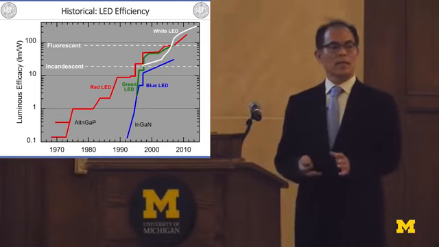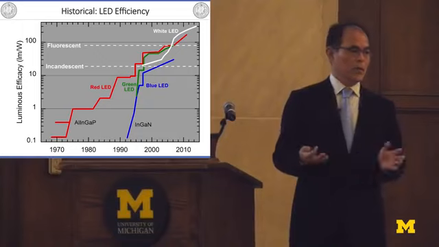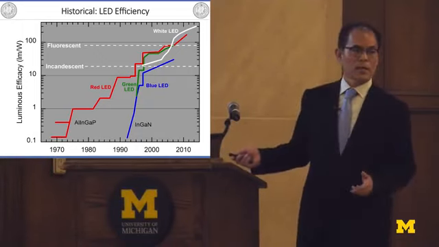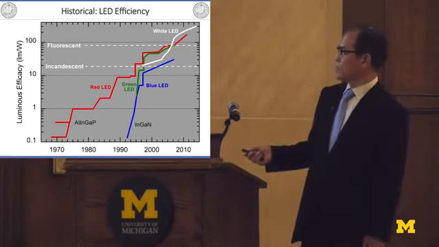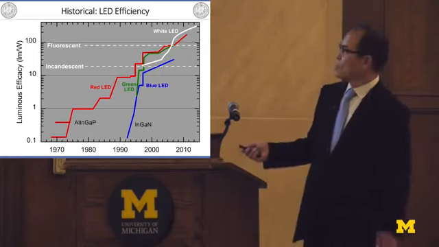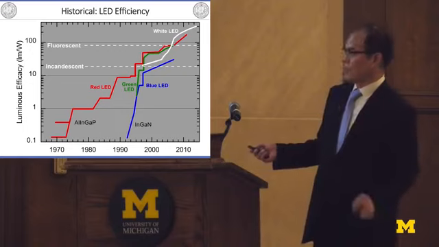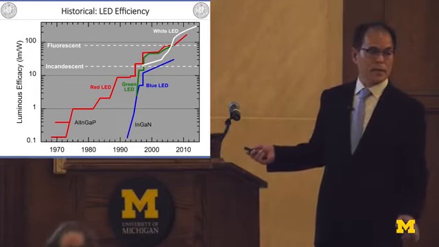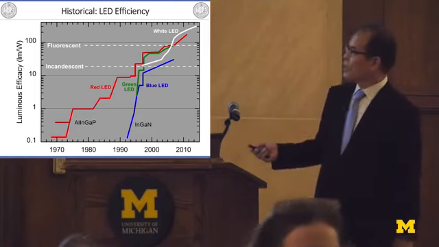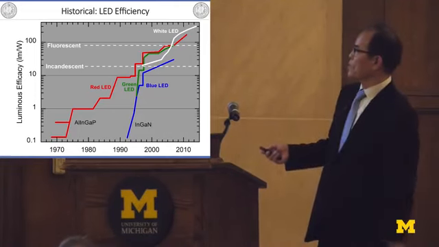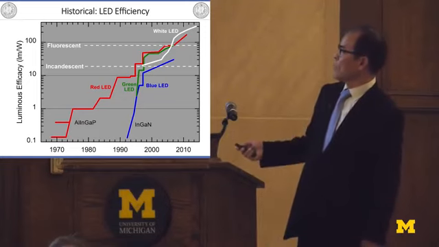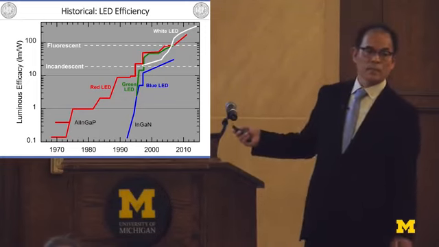In order to make any kind of color, we need three primary colors. Since the 70s, many scientists tried to develop blue and green LEDs. Nobody could make it. In my case, I worked for a small, tiny company in Japan named Nichia. At Nichia, we could develop fast, high-efficiency blue LEDs in '93, and in '95 we could develop high-efficiency green LEDs.